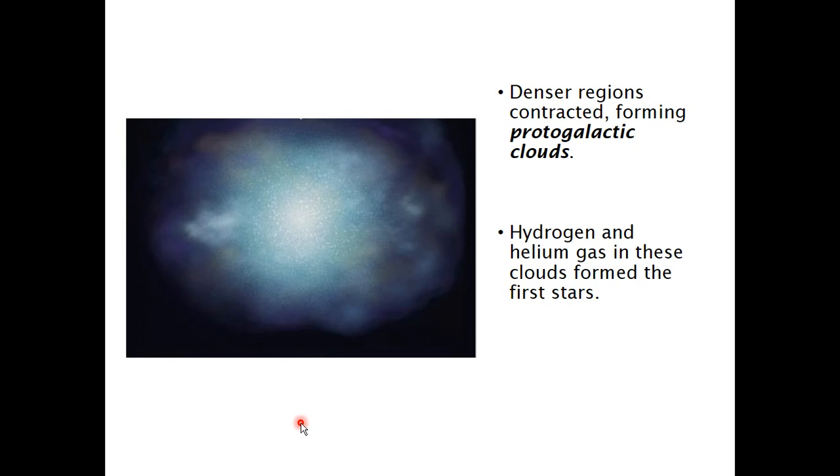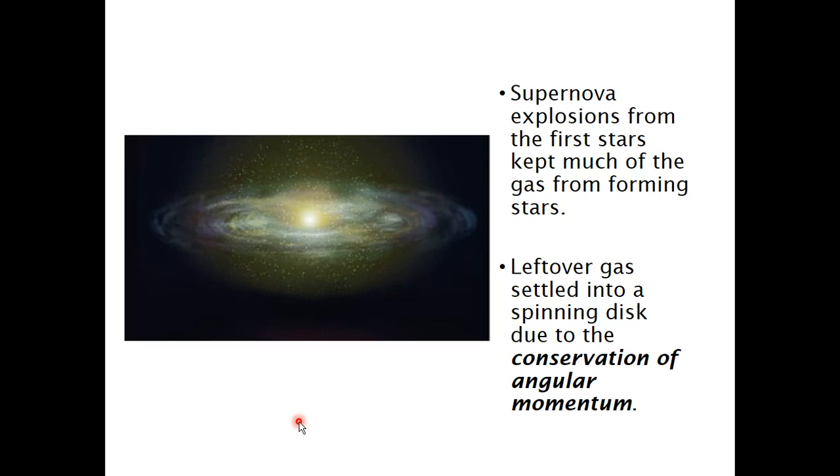And so the first galaxies are going to be forming from these initial clouds of more dense regions. And it's going to be hydrogen and helium gas forming from these. And so they're going to form the first stars. And if you remember, we talked about these first stars, there's no heavy elements.